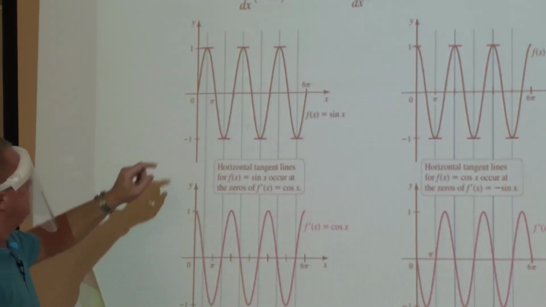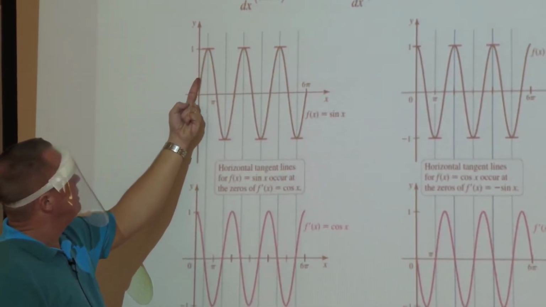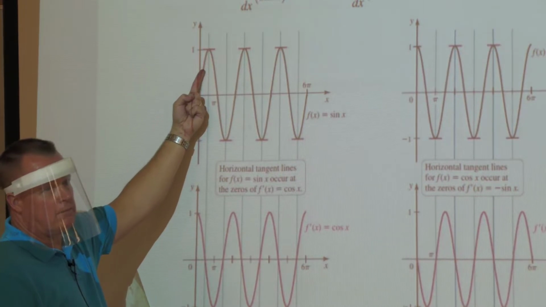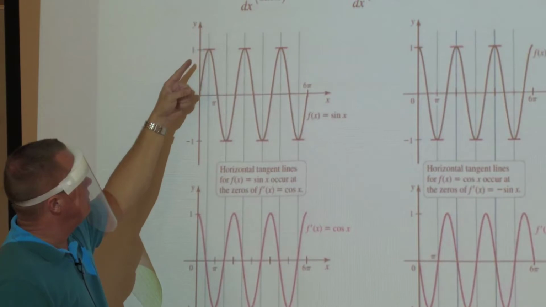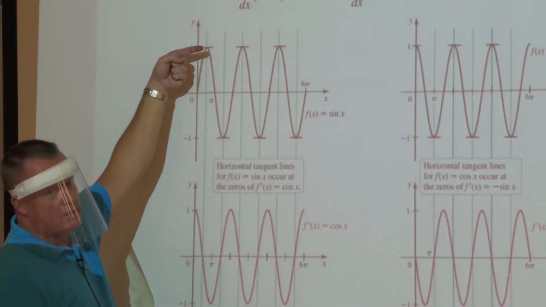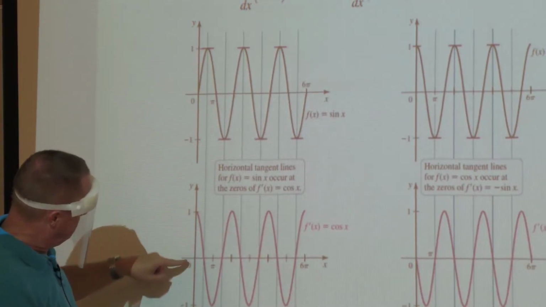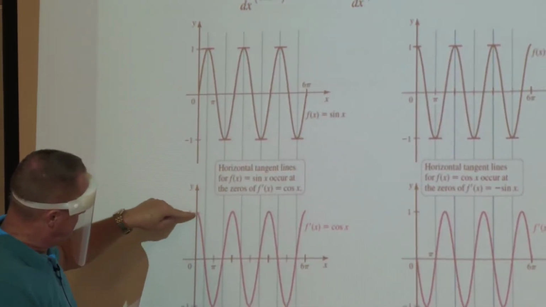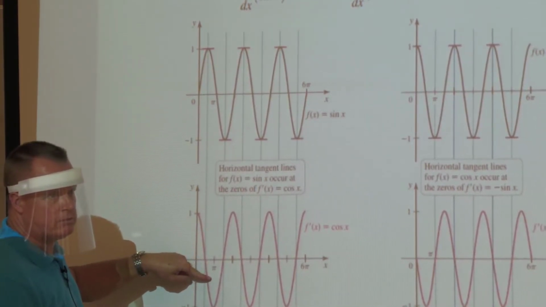Okay? Notice here, from 0 to pi over 2, is the slope positive or negative? Positive. And then as it gets closer and closer to the top, what's happening to it? It's getting smaller and smaller. So from 0 to pi over 2, your y value is positive, but it's getting smaller and smaller as it approaches 0.